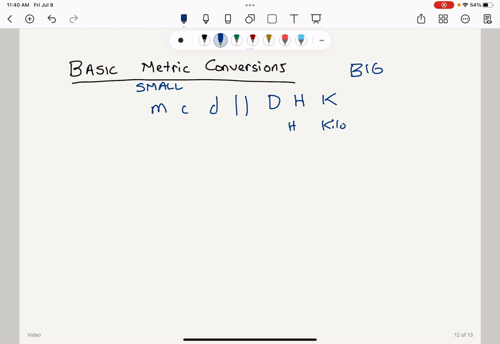H stands for hecto. Deca, this is the base unit. Then we've got deci, centi, and milli.